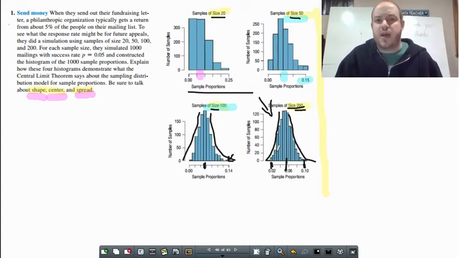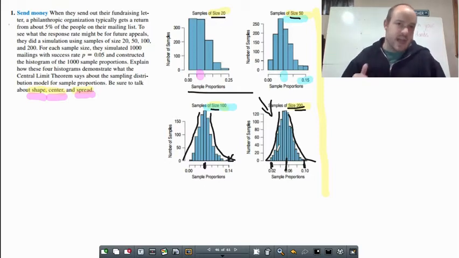In terms of spread, we had an original spread of 0 to 0.25, and as our sample size increased, our sampling distribution spread fell to between about 0.02 and 0.10. So in general, those three things shifted as we moved our sample size up and up and up.